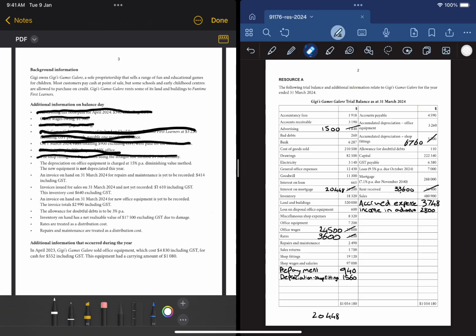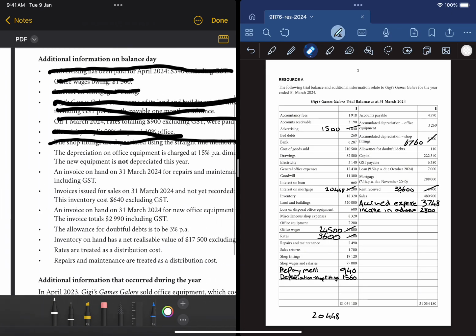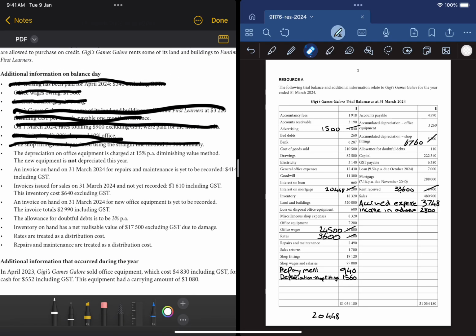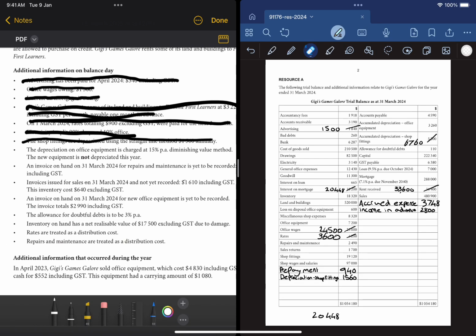Okay, so coming on to the next line here, now that we're going to skip over depreciation on office equipment, we are going to be looking at an invoice on hand on the 31st of March 2024 for repairs and maintenance yet to be recorded, $414, including GST.